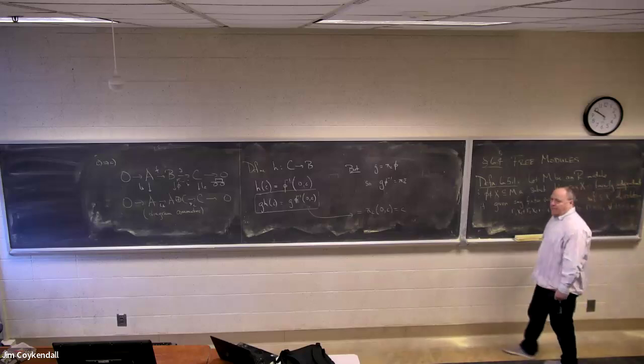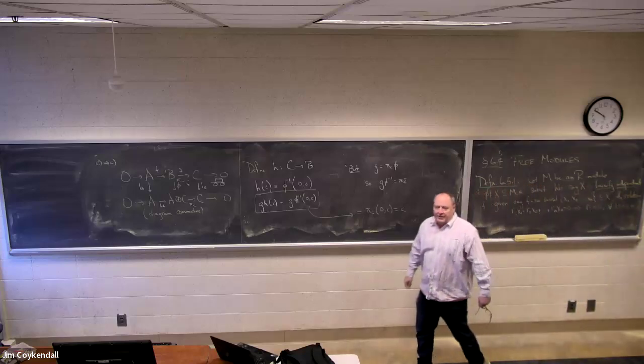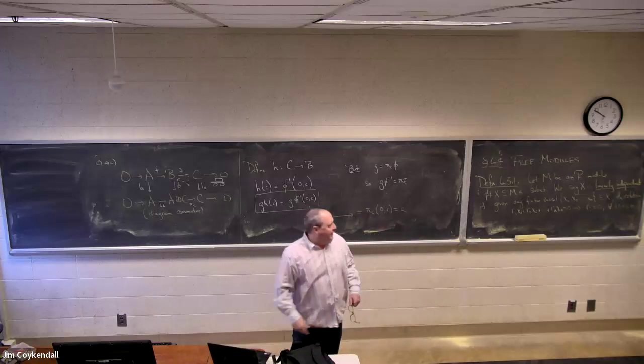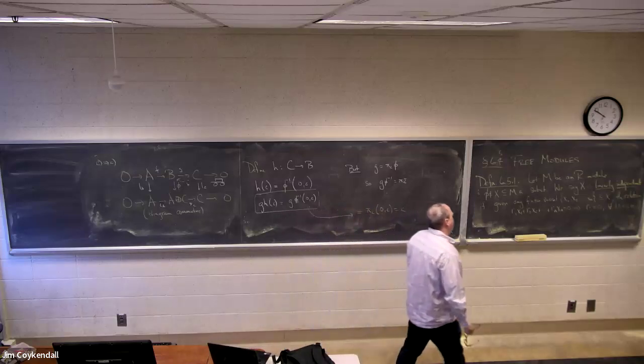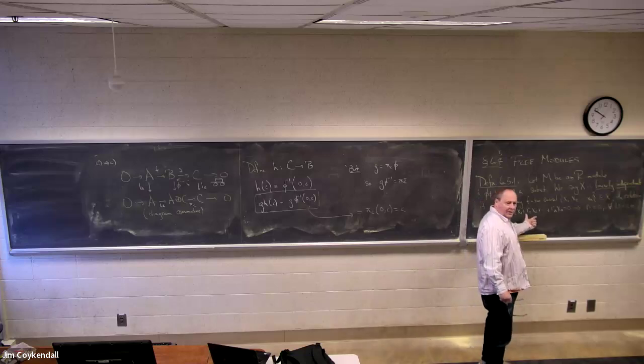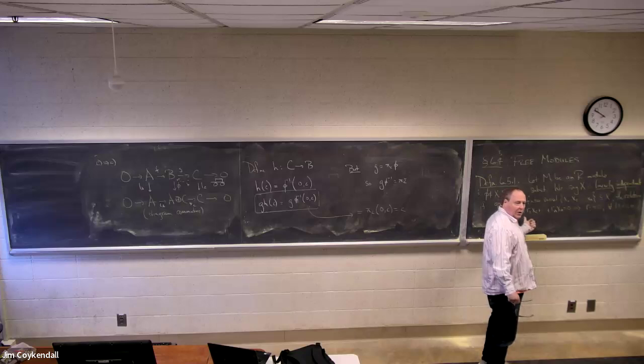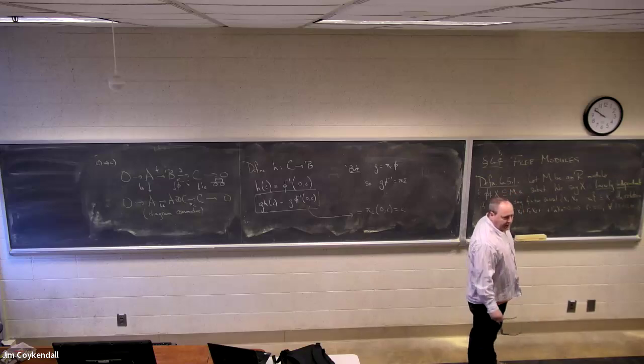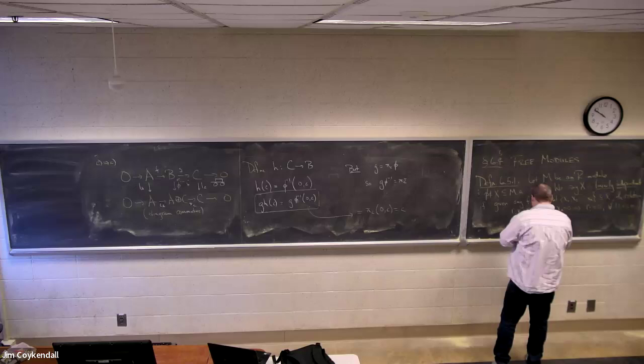So a linearly independent set is exactly what you would think it would be: if any finite linear combination of elements in that set turns out to be zero, then all your coefficients, all your multipliers, have to be zero. If a set is not linearly independent, we say it's linearly dependent.